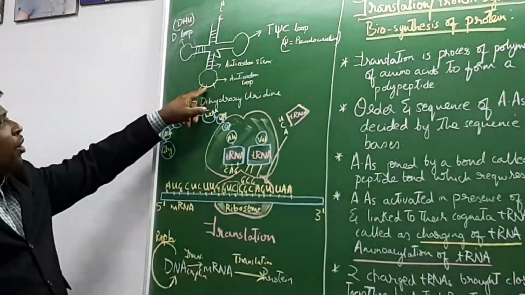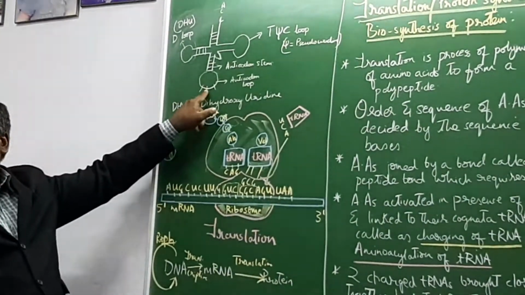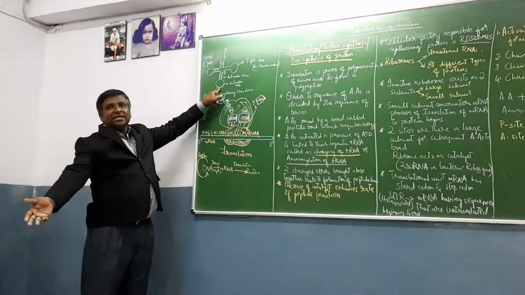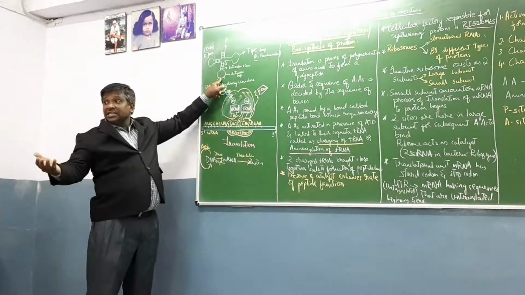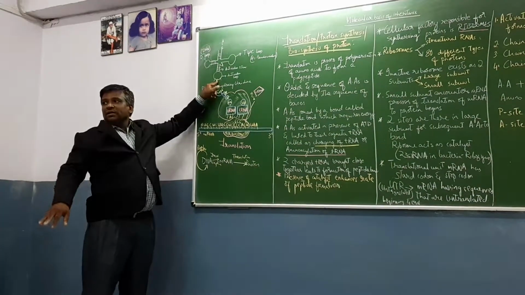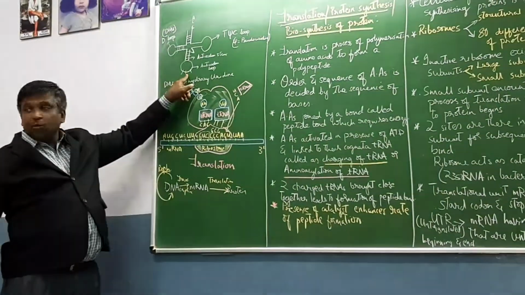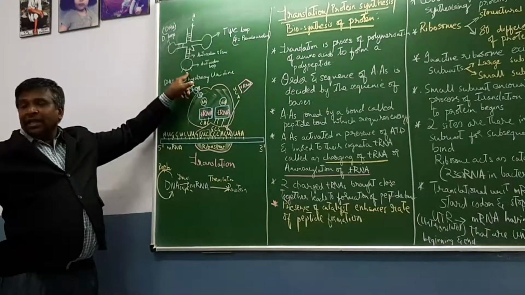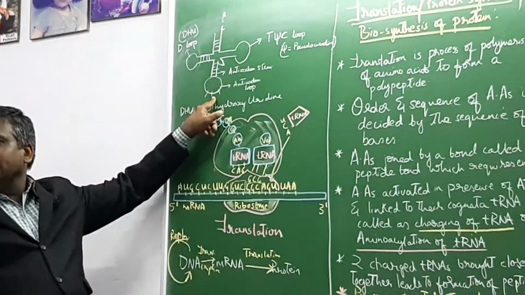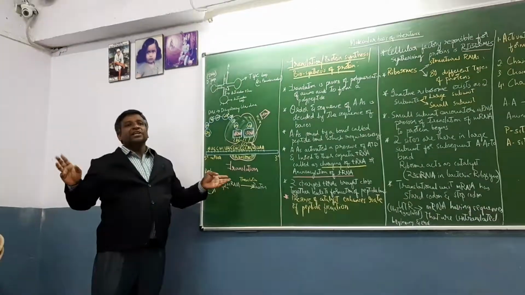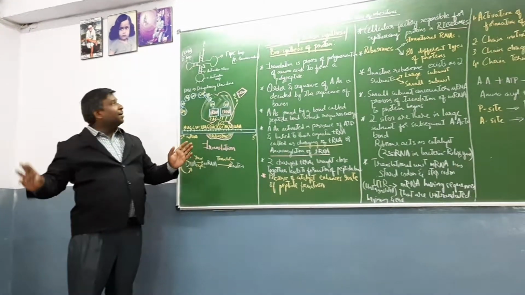Then towards the bottom you find the anticodon loop, which has a complementary codon to that of the mRNA's coding sequence. Since it is complementary to the codon, we call this loop the anticodon loop. It has only one triplet codon in it. So there are a large number of tRNAs with different combinations of codons. You should understand that.